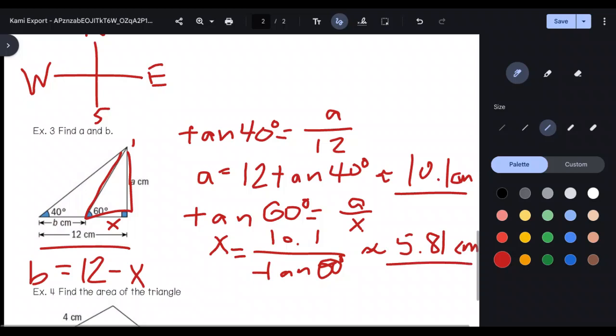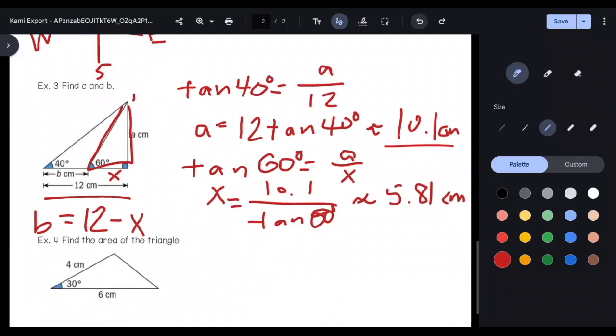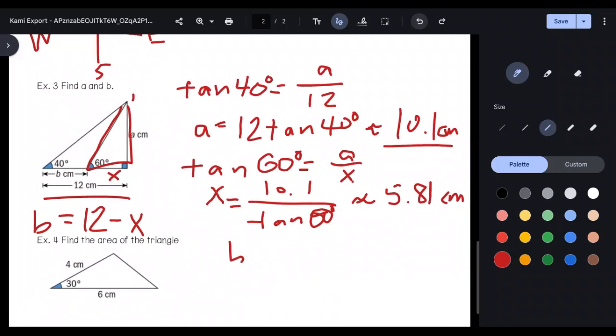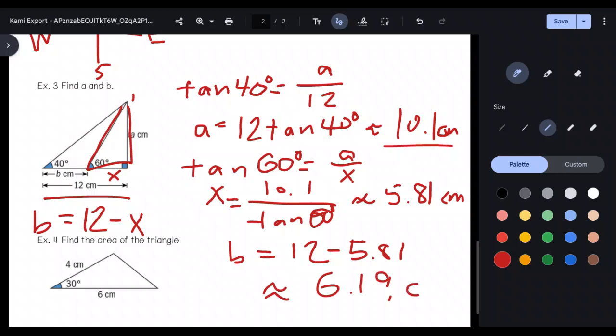But don't forget, that's not our final answer. We need to plug that back in because we're trying to find B and not X. So B would equal 12 minus 5.81, and that would get you about 6.19 centimeters.